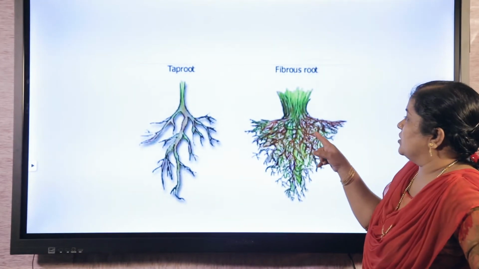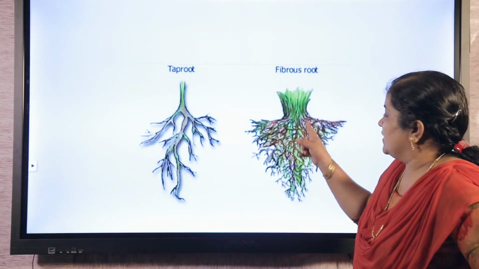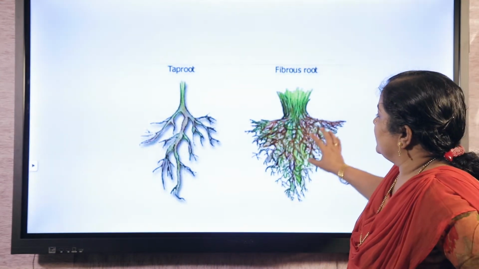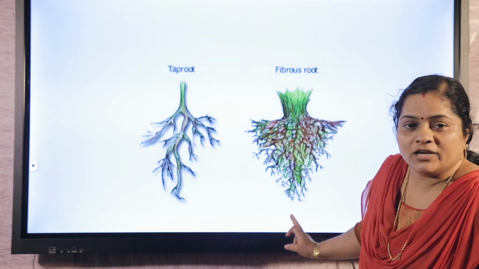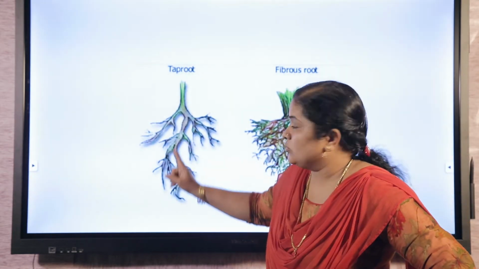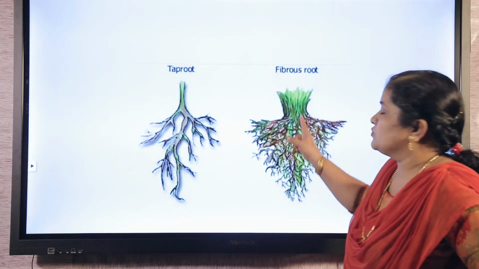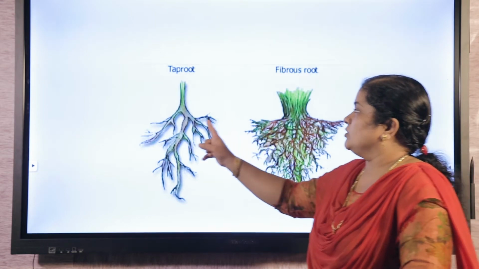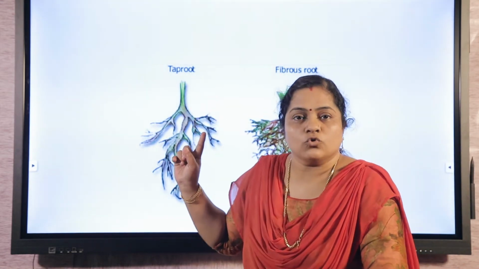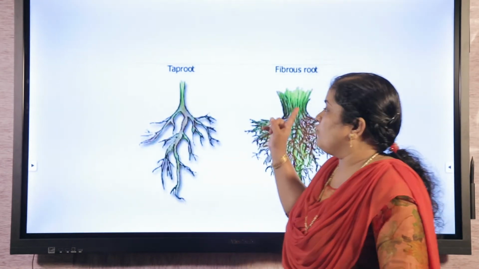In this fibrous root, we can see many small roots. There is no main root here, but in the tap root, we can see one main root. So these are the two types of root, tap root and fibrous root.